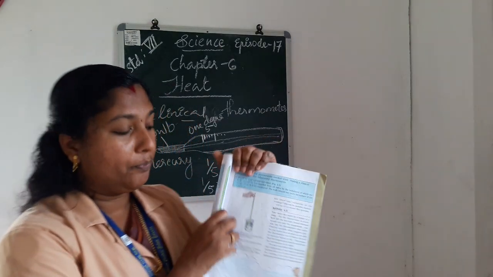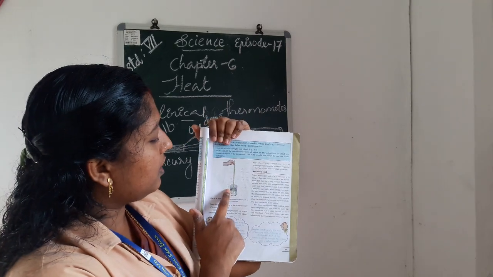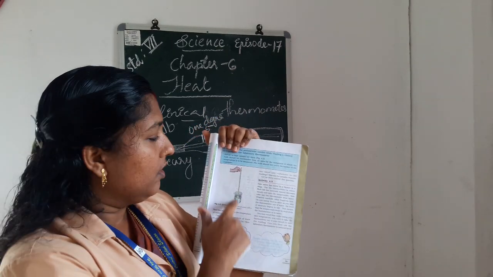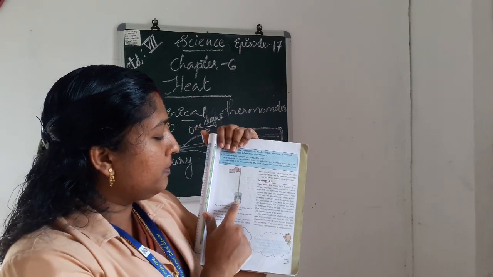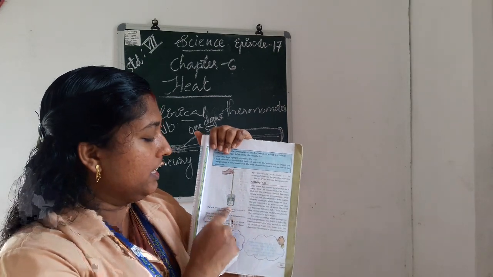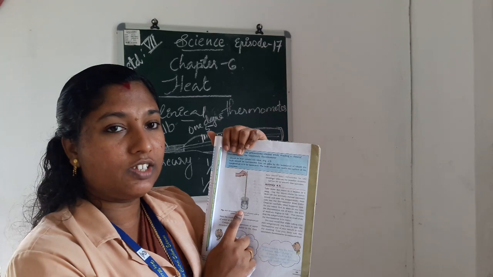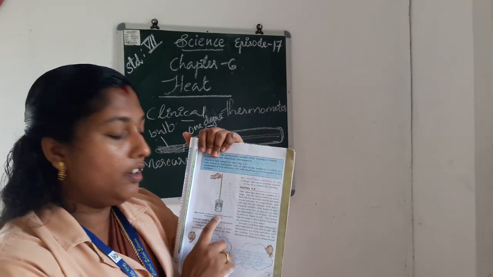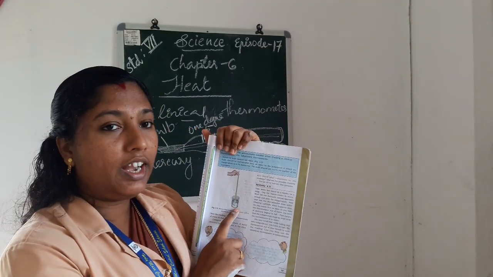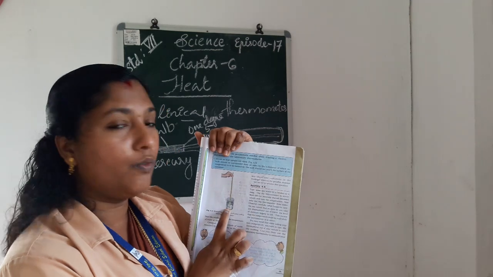Here a beaker contains water. Then the laboratory thermometer is put inside the water. The bulb of the thermometer does not touch the surface of the beaker. Then we take the reading, the temperature of the water.